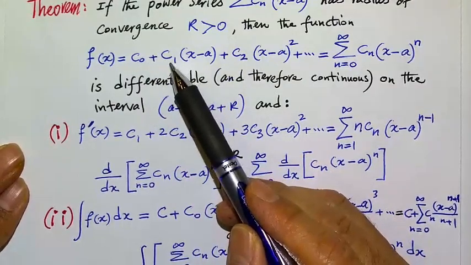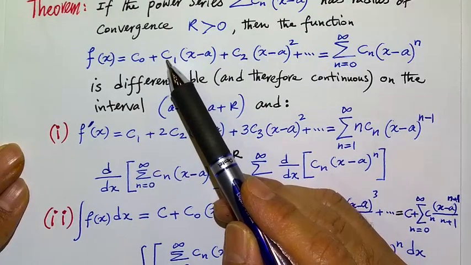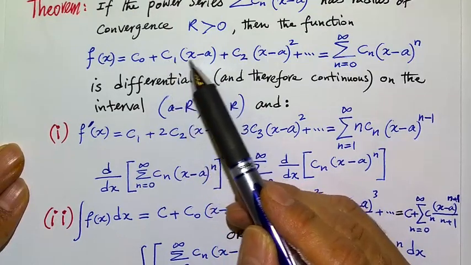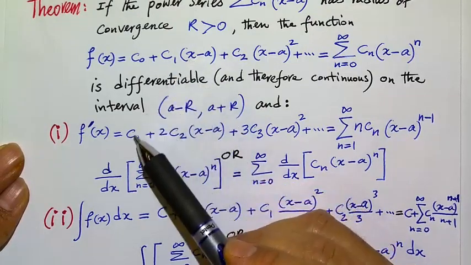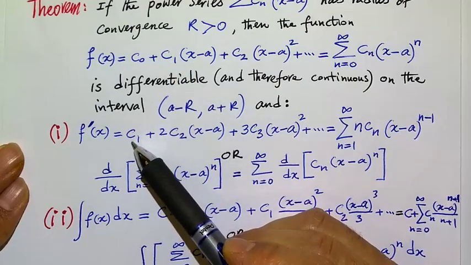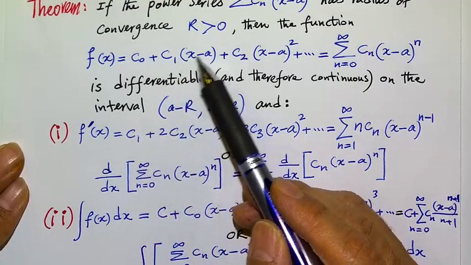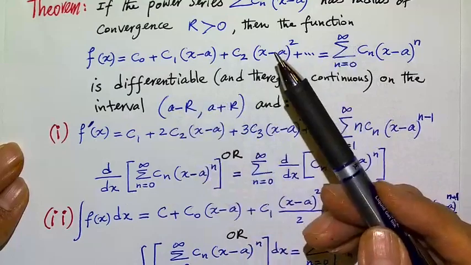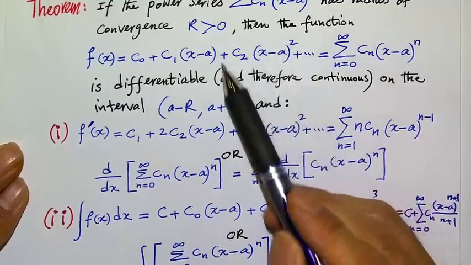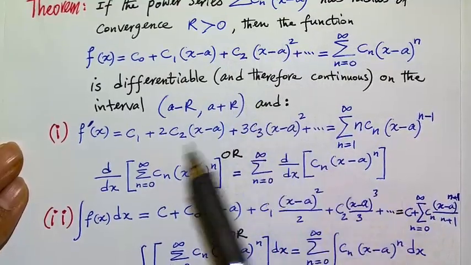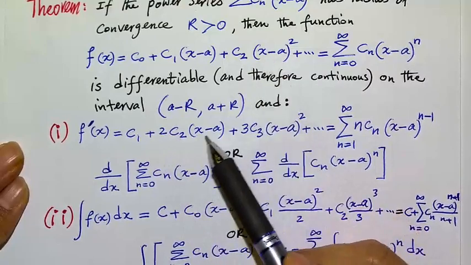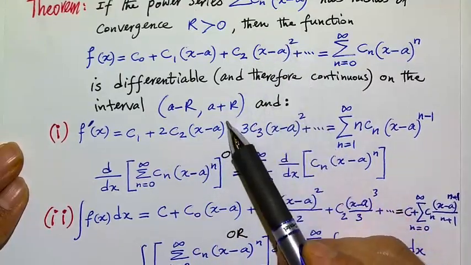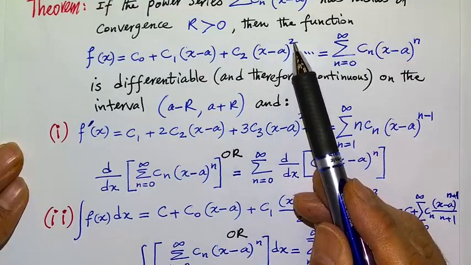And then the derivative of c1 times x minus a is just c1, and c1 times a is just a constant, so again it's 0. And the derivative of this piece is 2 times c2 times x minus a, to a power that is 1 less than what it started with in the original function.